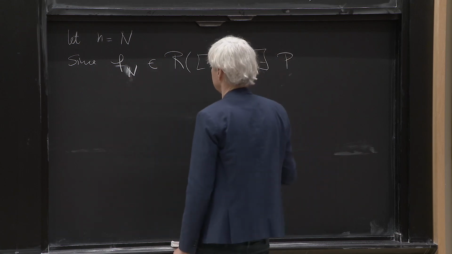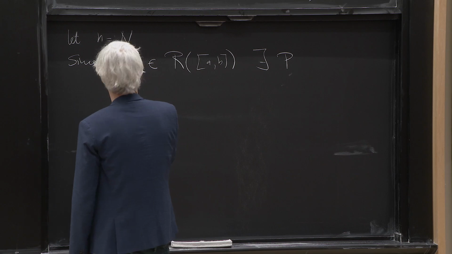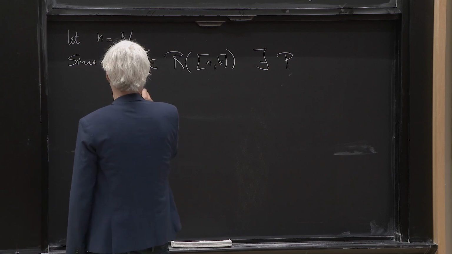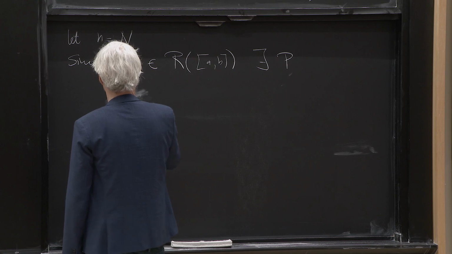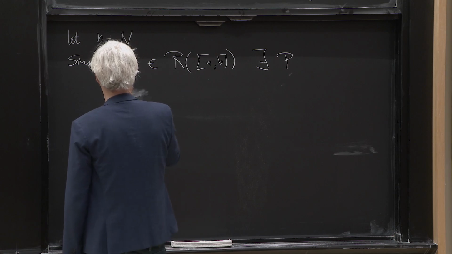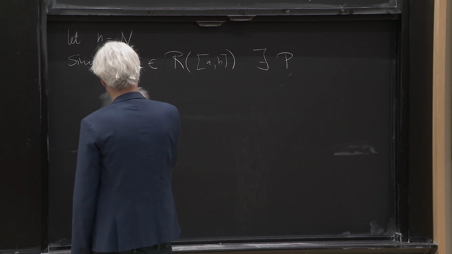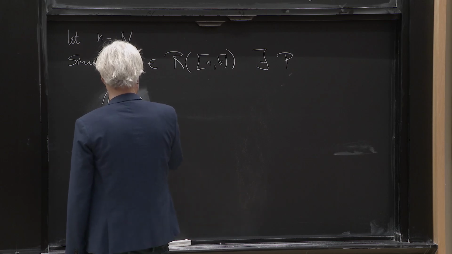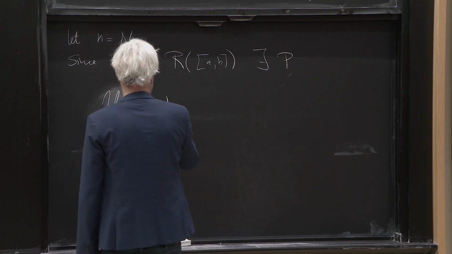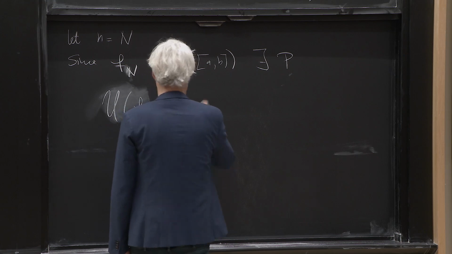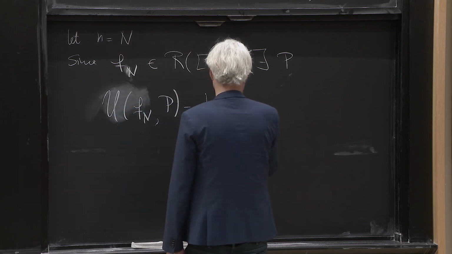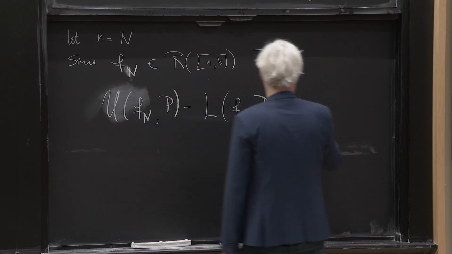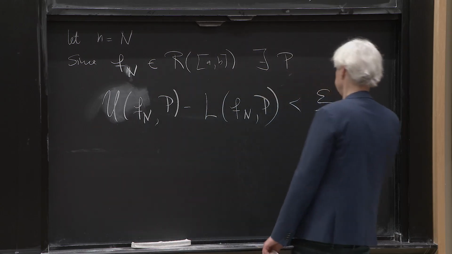There exists a partition so that the difference between the upper sum for this function minus the lower sum for this function is less than, say, epsilon over 3. Okay?